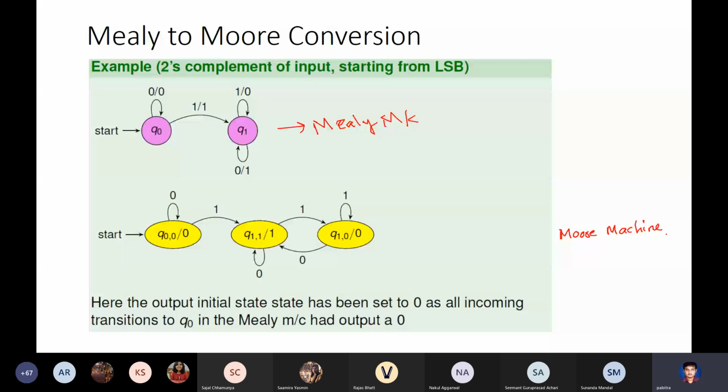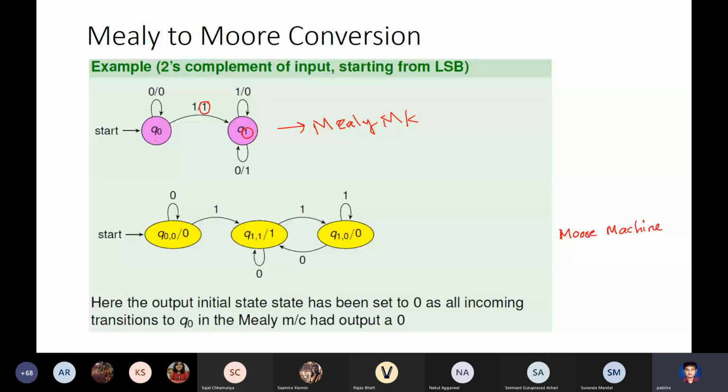Let's see what happens. In the conversion process, this output should not come with the inputs. It should rather come with the states.